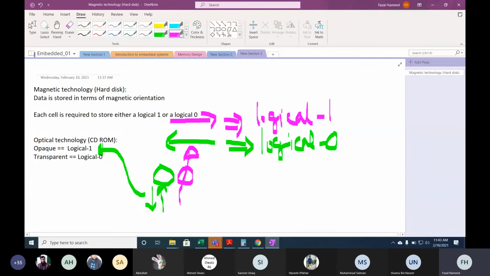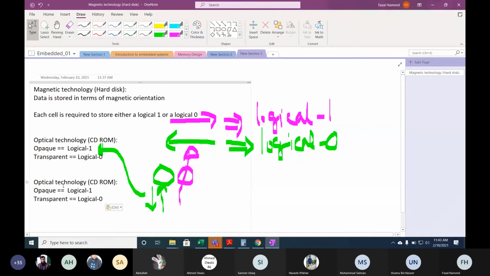Now we have another technology, flash technology. Flash technology is typically used in USB. Flash technology uses some kind of a transistor.